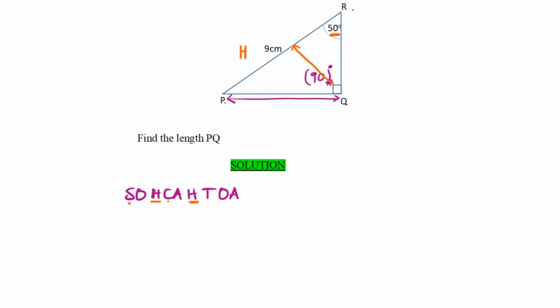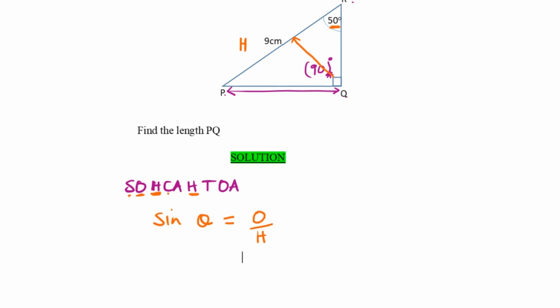Then you can say opposite over the hypotenuse. That one will give us a sine. So sine is opposite over the hypotenuse. So the suitable trig ratio to use here is sine. So we'll say sine theta is equal to the opposite over the hypotenuse.